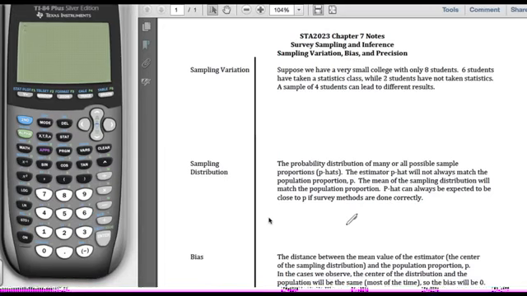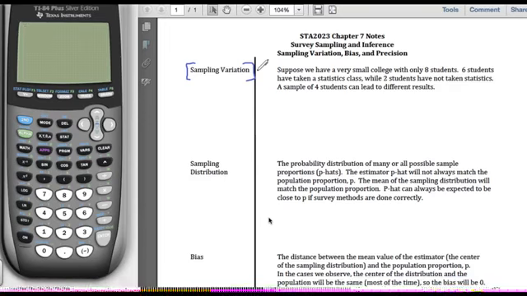Continuing on with the idea of samples, one topic we need to address is sampling variation. Samples are going to vary. I could go out today and randomly sample 100 students at TCC, find their GPAs, and average them together, and I get like a 3.1.